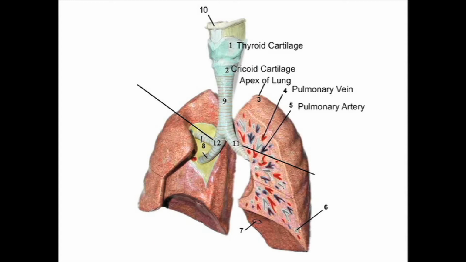And the reason the pulmonary arteries are blue is because you have deoxygenated blood in there at that time, or less oxygenated, to be perfectly honest. And then the pulmonary veins will bring blood back to the heart, which will have oxygenated blood.